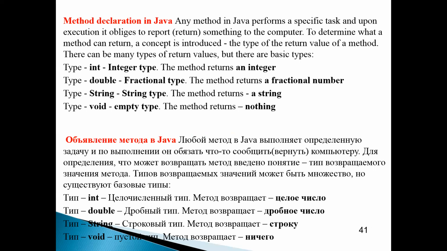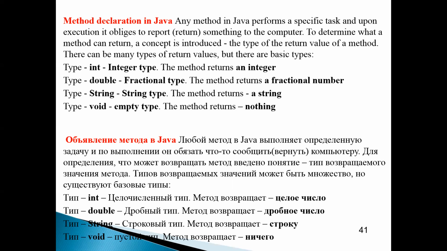Next slide, guys, please. You can see method declaration in Java. Any method in Java performs a specific task and upon execution, it is obliged to report something to the computer. To determine what a method can return, a concept is introduced, the type of the return value of a method.